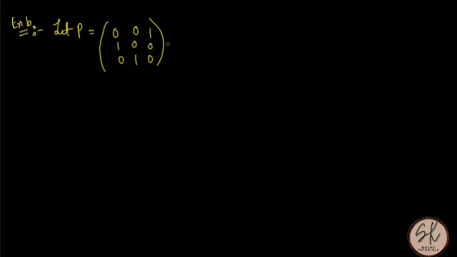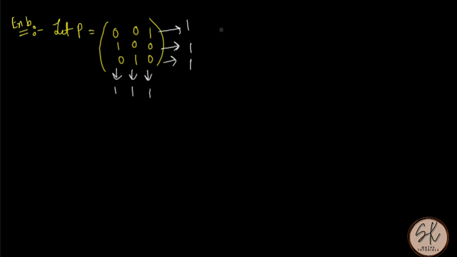So now let us take a permutation matrix, say this one. Okay, here this is a permutation matrix because each element of P is either 0 or 1, and the sum of each row and column is equal to 1. See, the sum of each row is equal to 1 and the sum of each column is also equal to 1.